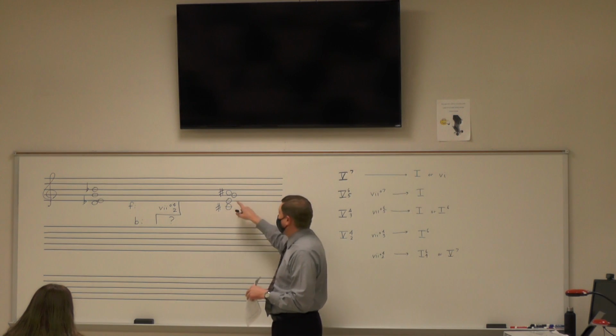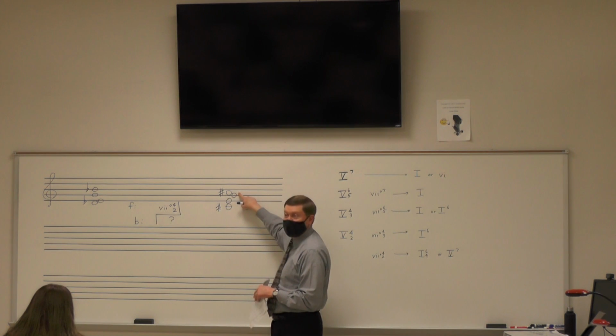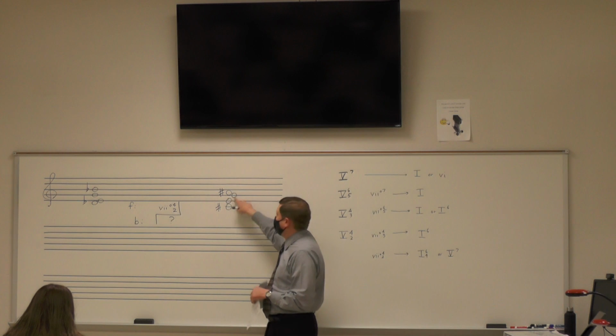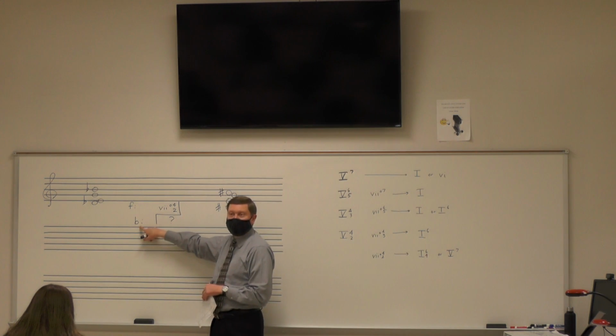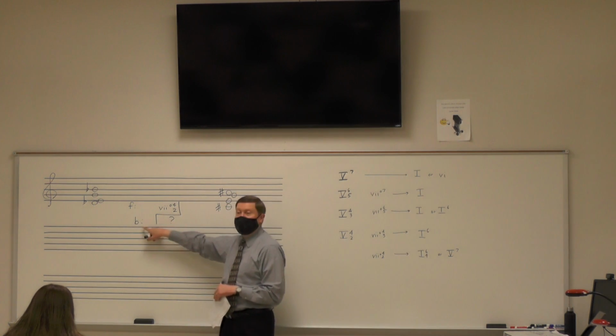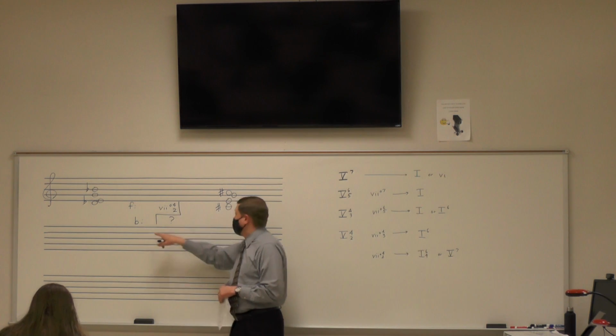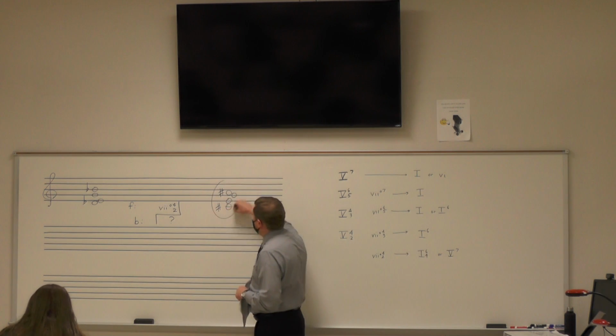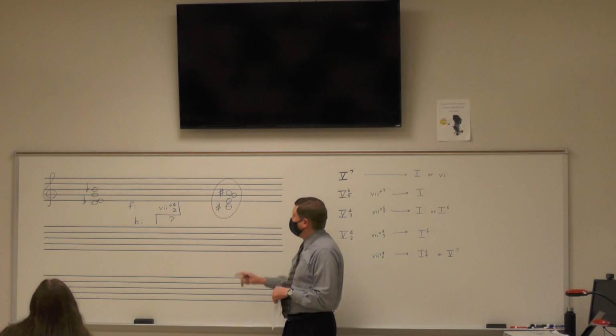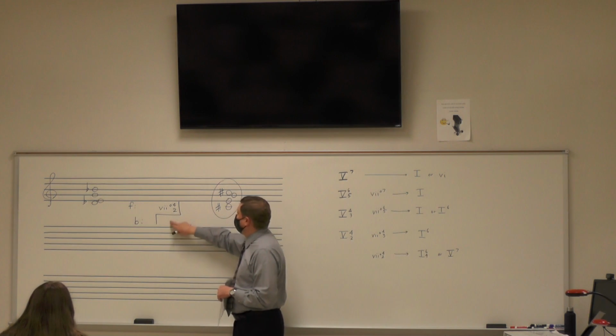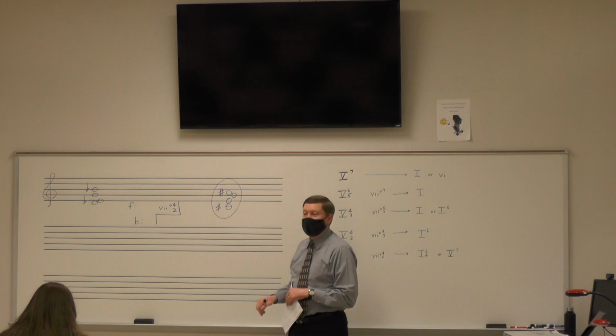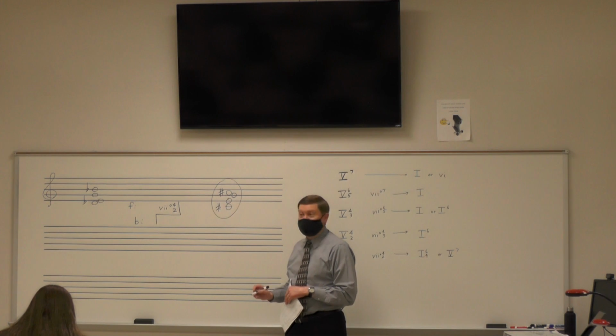Why did I spell it with the root of A sharp? Why did I spell it this way? Well, because I'm trying to go to B minor. And A sharp is T in B minor. So looking at it spelled as in the new key, what do I put in here? What inversion do I use? First inversion, right? 6/5?